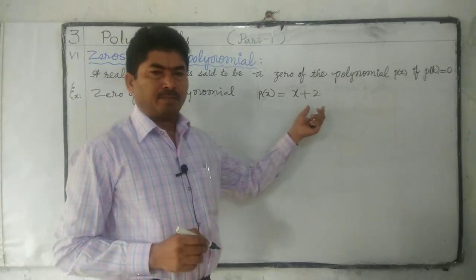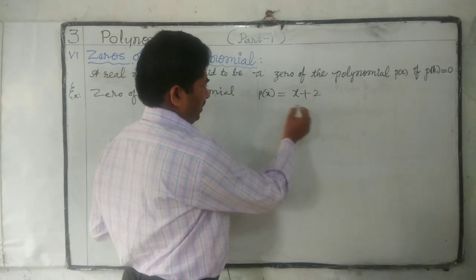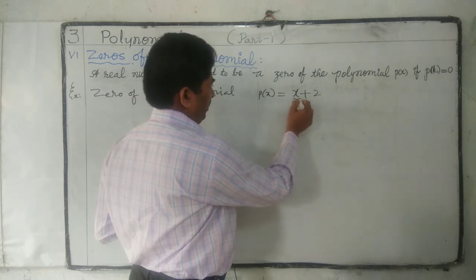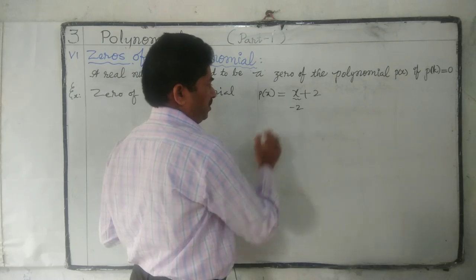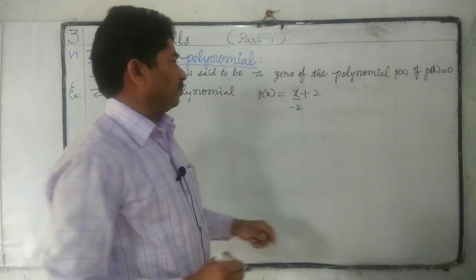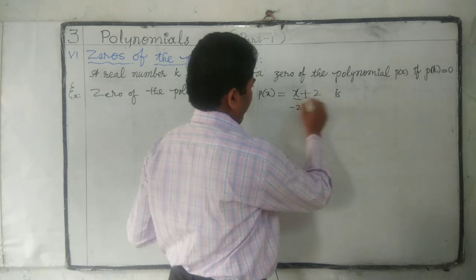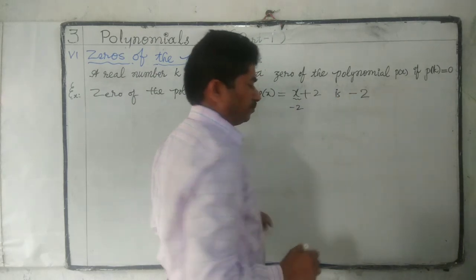This is a linear polynomial. So for this we can identify it: if we substitute minus 2, we get 0. So by observation only, we can identify that the zero of the polynomial is minus 2.